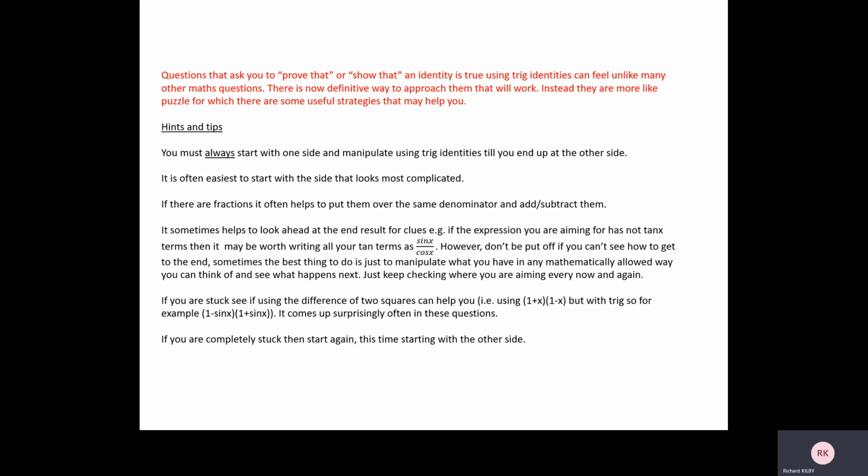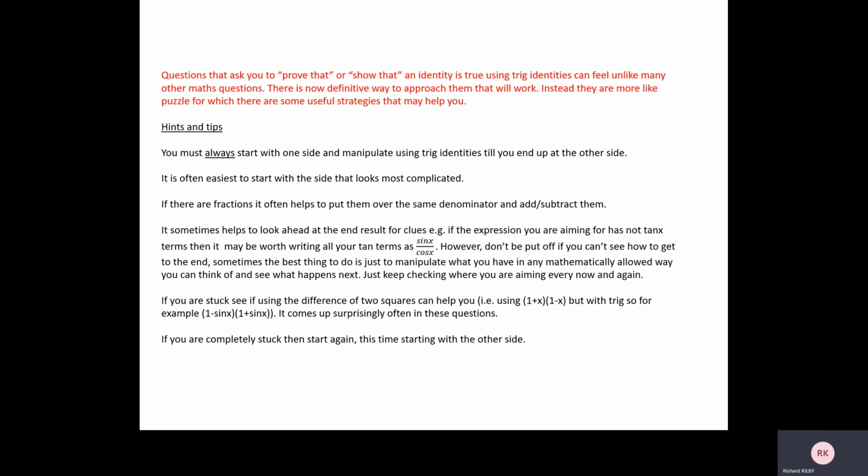And it can be like the one that we did before, where you've got a sine squared theta, take one, or it could be, say, if you've got sine theta plus 1 on the denominator, what you might need to do for the next step is multiply top and bottom by sine theta minus 1. So you're bringing in the difference of two squares.